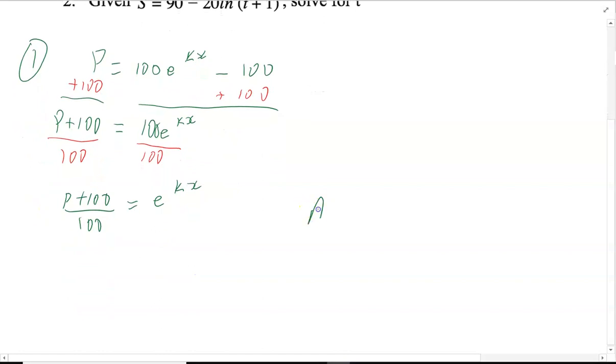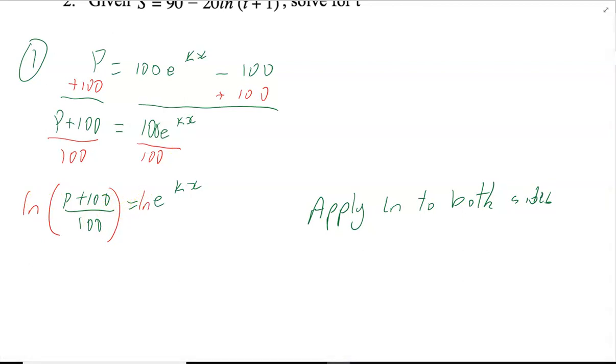Next, you want to apply an inverse operation, ln, to both sides. Apply ln to both sides. We get ln of p plus 100 over 100 is equal to ln of e to the kx. Now, ln is the inverse operation of e, so it will undo e.